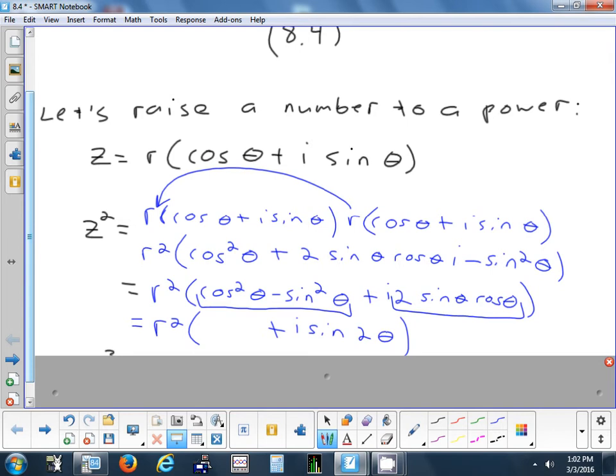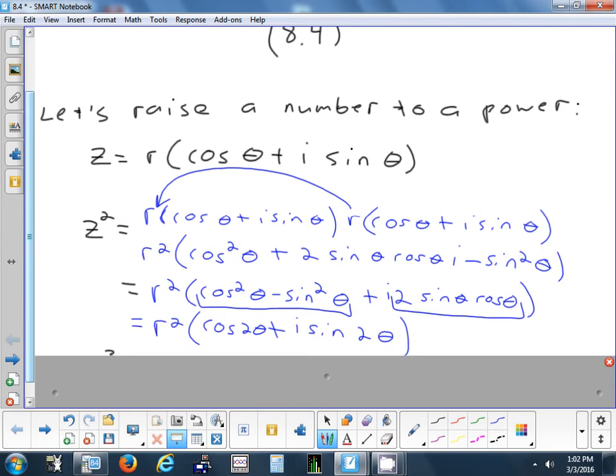Now, this first part is one of 3 versions we had for this. Does anybody recognize what cosine squared minus sine squared is? That would be plus if it was cosine squared plus sine squared. It's cosine 2 theta. That part is cosine 2 theta.